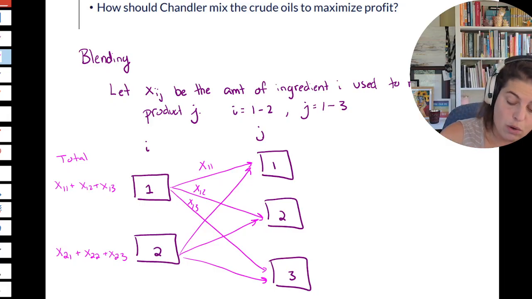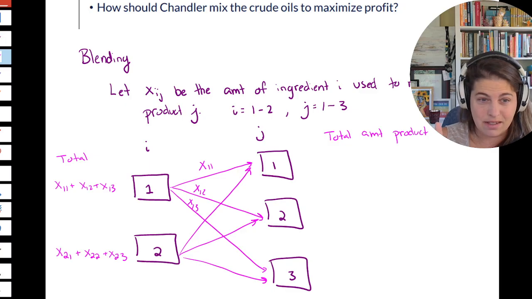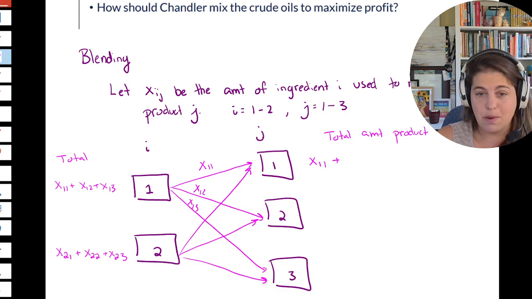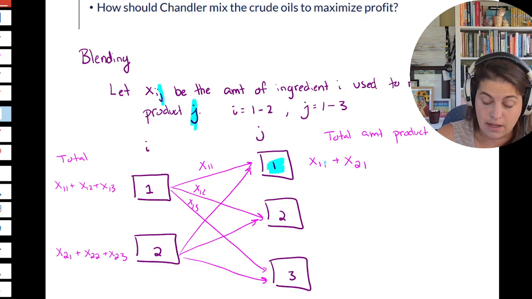Which also means that the total amount for each product is the sum of the ingredients. So how much of product 1 do we have? Well, it's how much of ingredient 1 did I put into product 1 and how much of ingredient 2 did I put into product 1, right? And you'll notice that because the j is what product it is, when I'm talking about product 1, the j's are both 1s.